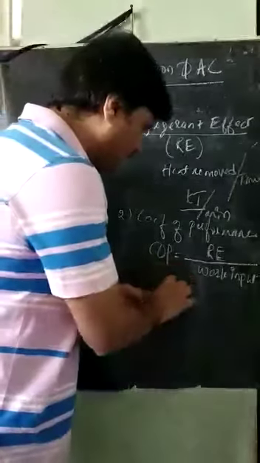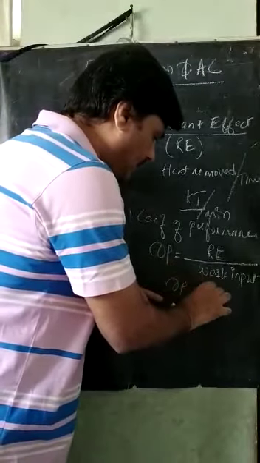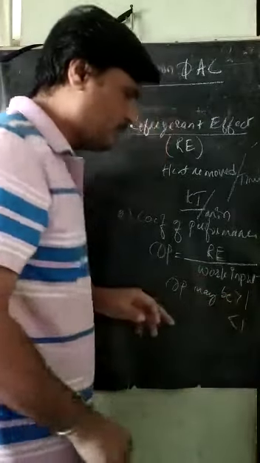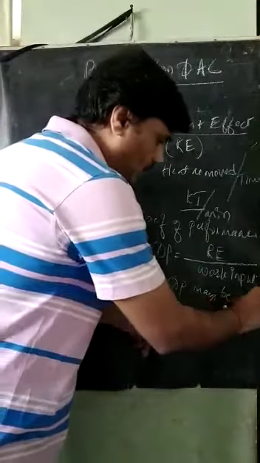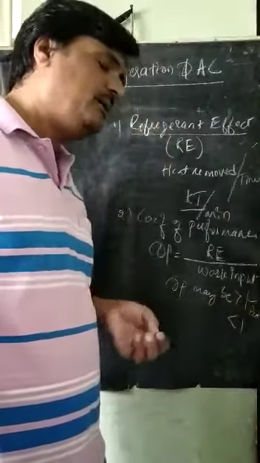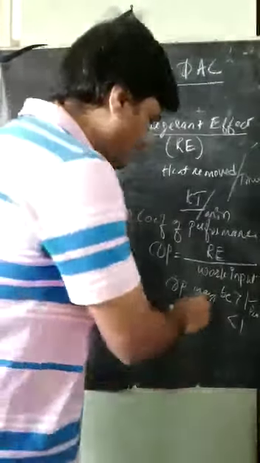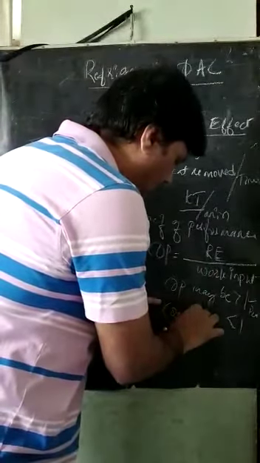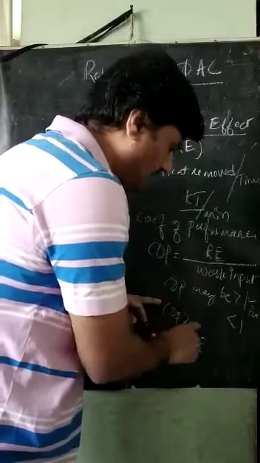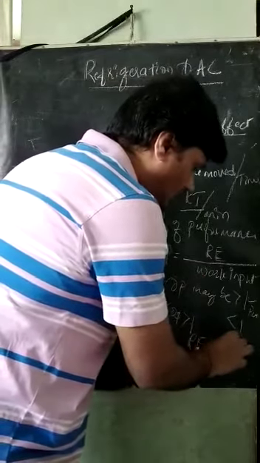This COP may be greater than 1, or may be less than 1 also, but greater than 1 is more preferable. When COP is greater than 1, the refrigeration effect is greater than the work input.